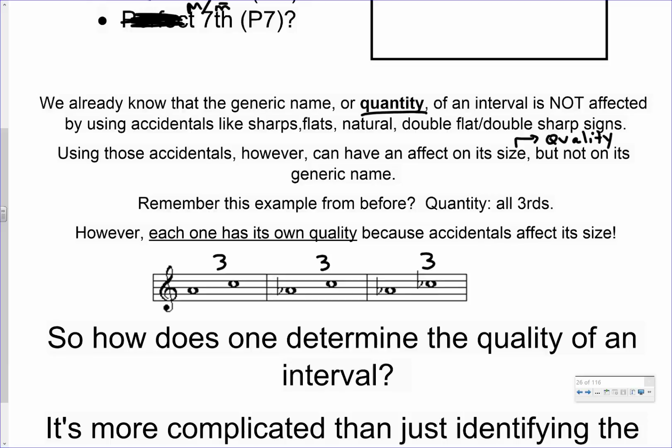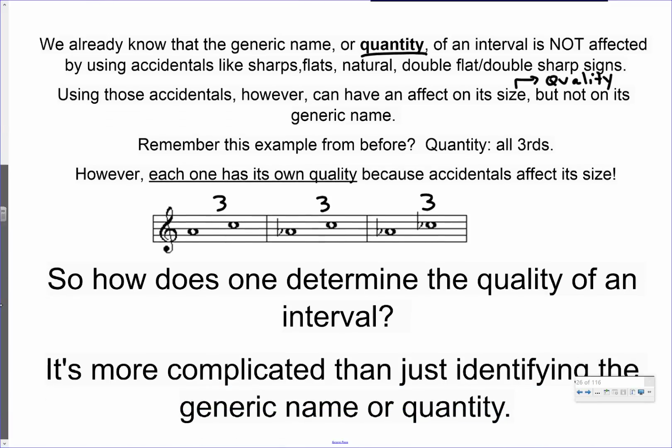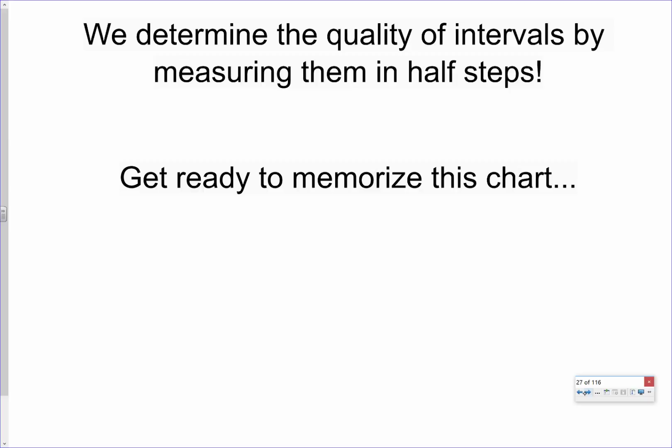So how does one determine the quality of an interval? Well, this is a little bit more complicated than simply identifying the generic name or the quantity. So we determine the quality of intervals by measuring them in half steps.